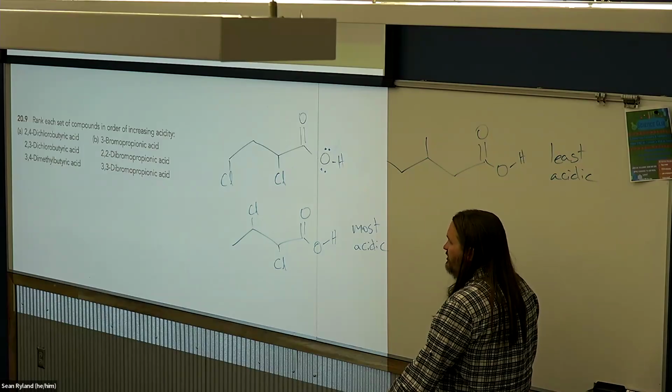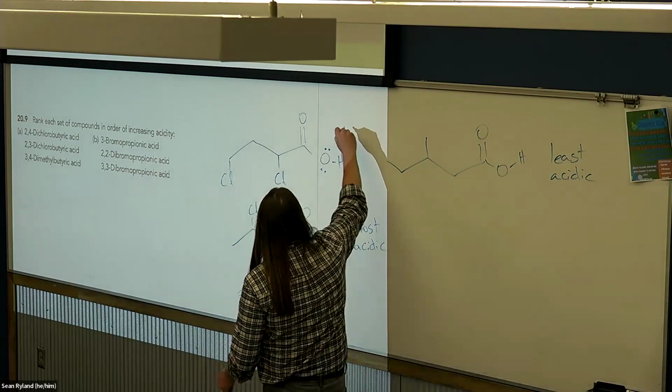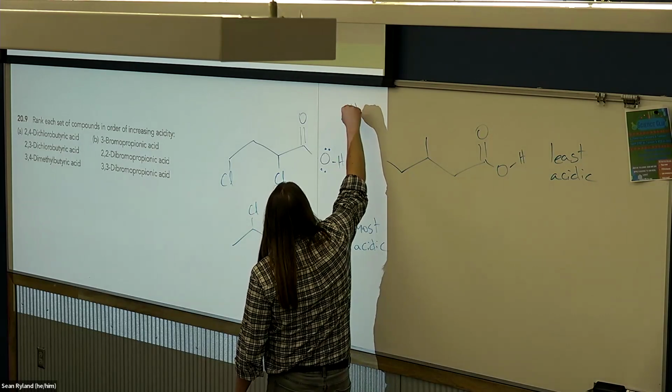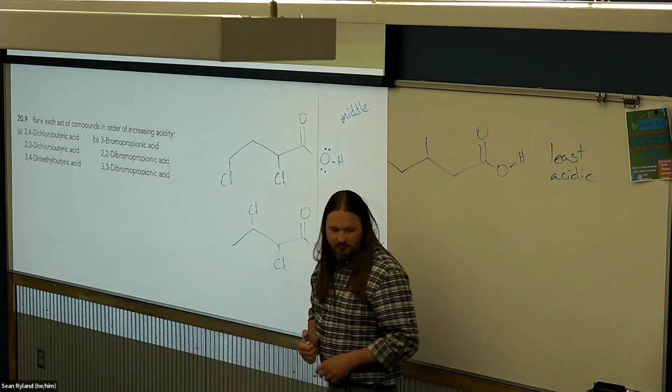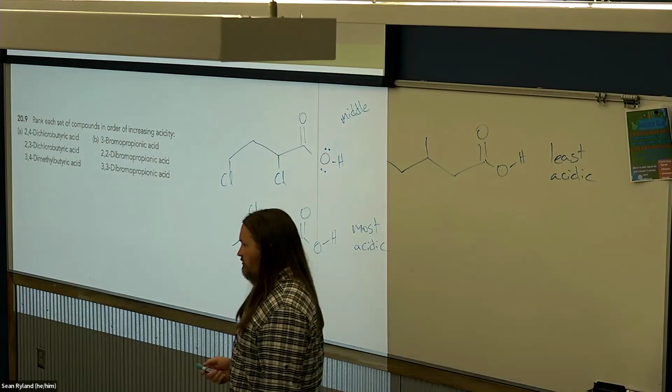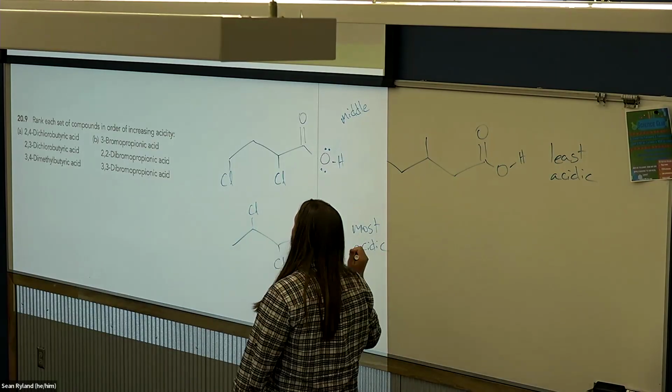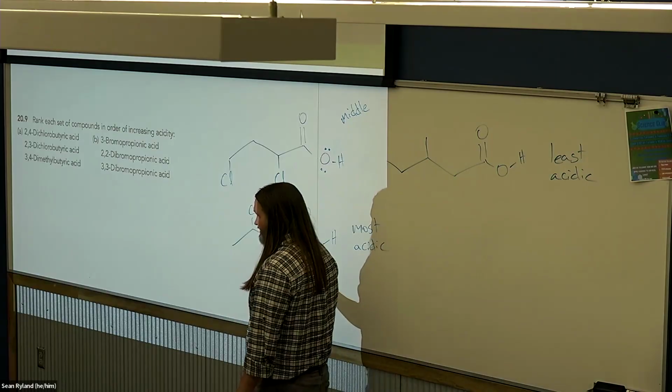And then by process of elimination, the middle. And so acidity always comes back to electron density.